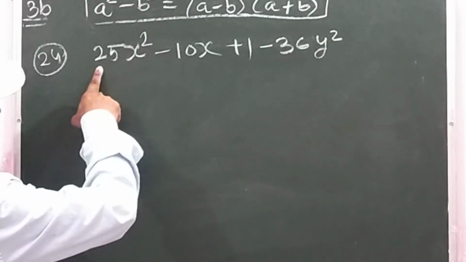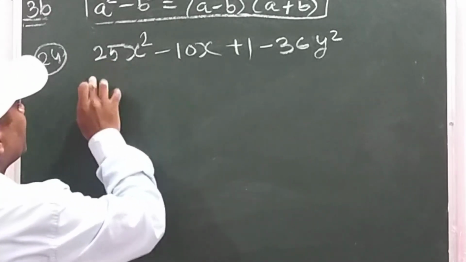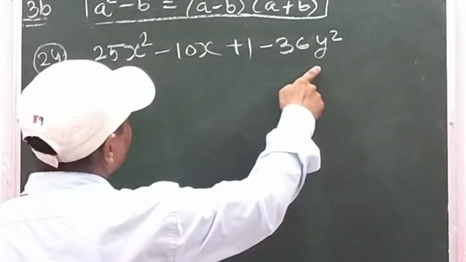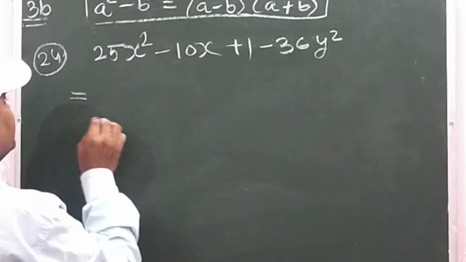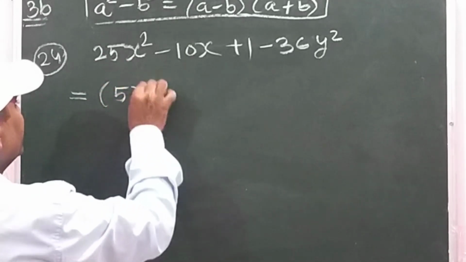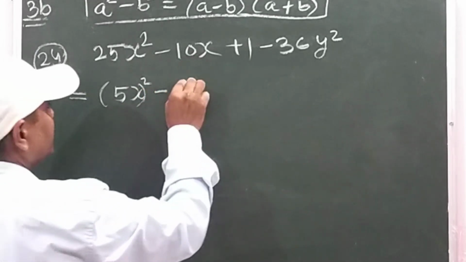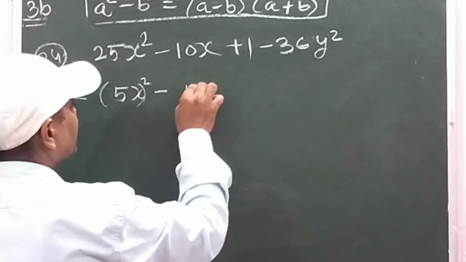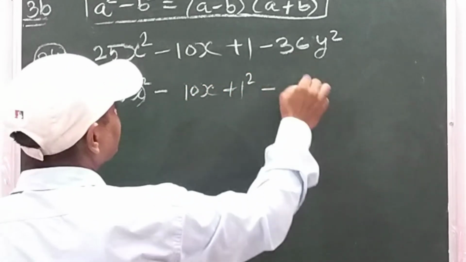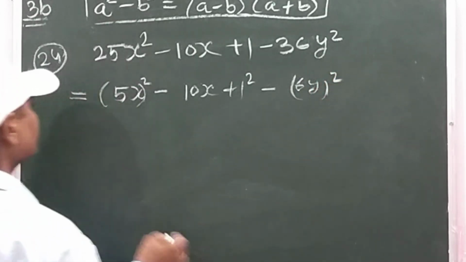Now if you see carefully, this is 25x squared minus 10x plus 1, and here is minus 36y squared. So we will write 25x squared as 5x whole square, minus 10x plus 1, and minus 6y whole square.